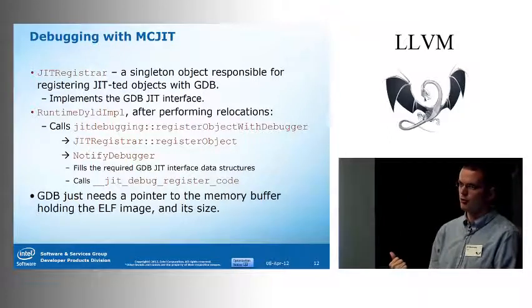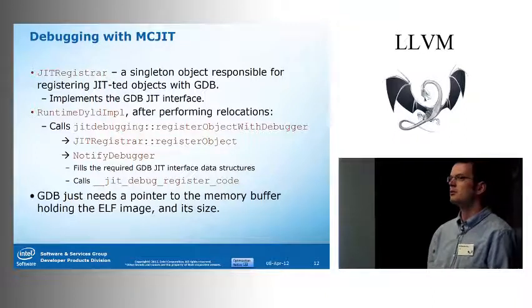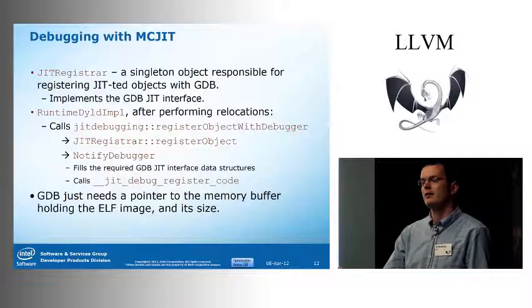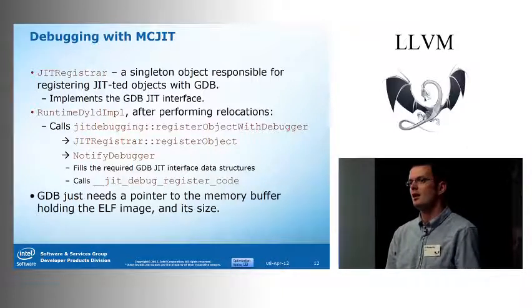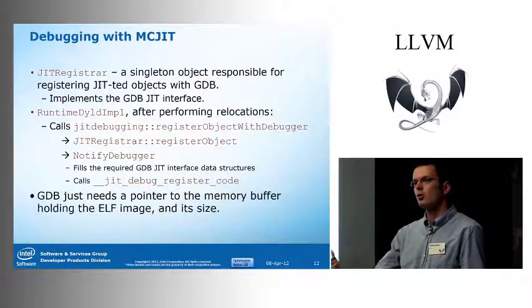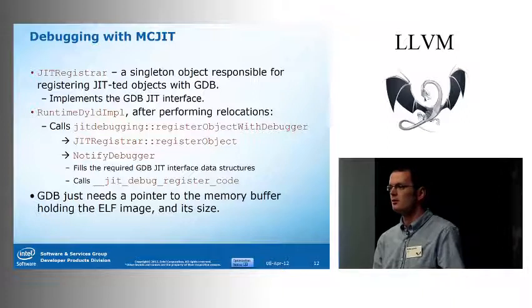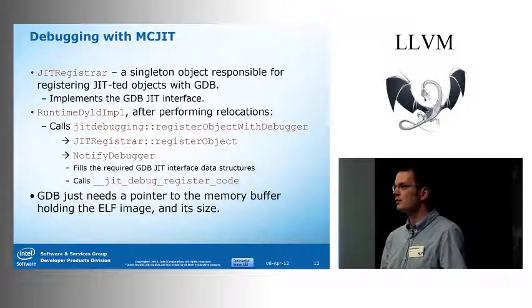What was added to GDB is a known symbol that GDB puts a breakpoint on, and if the loading code actually implements it, then when new objects get JITed, GDB can find out about it and read the debug information for these JITed objects, and the result is that JITed code is treated pretty much the same as shared libraries.